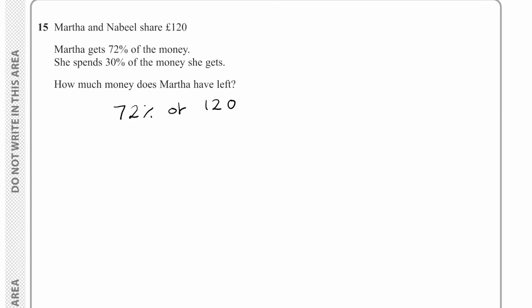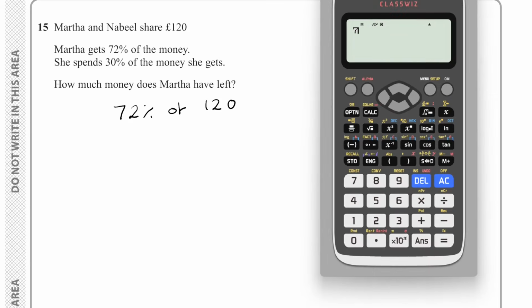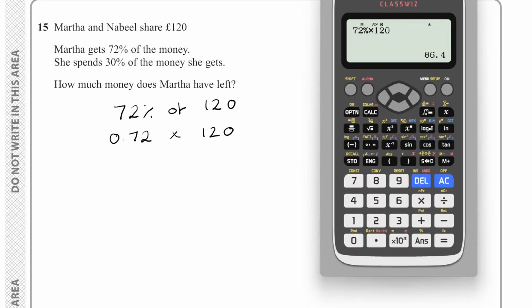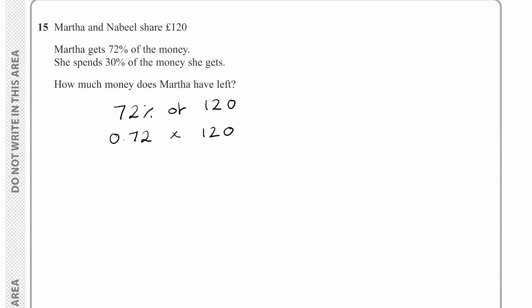So we can either do 72% times of 120, which will get us to £86.40. Or we could change it to a decimal. We could do 0.72 times 120, which will get us the same answer. £86.40. That's how much money she gets.